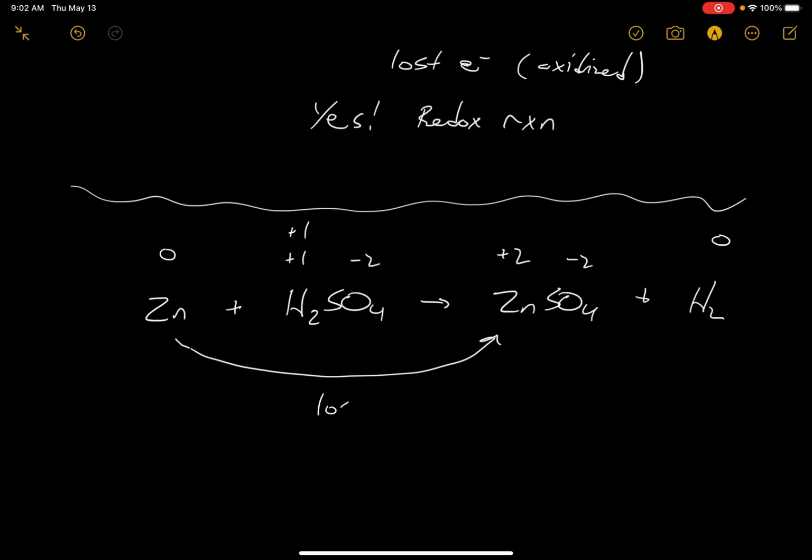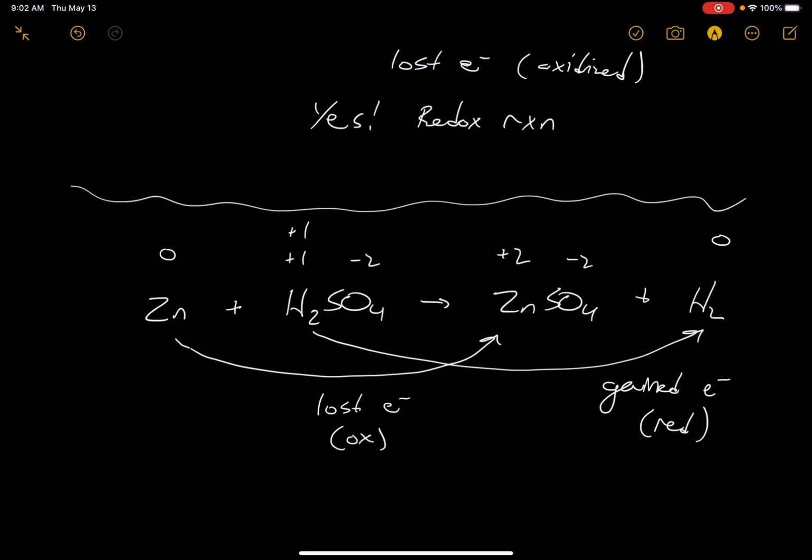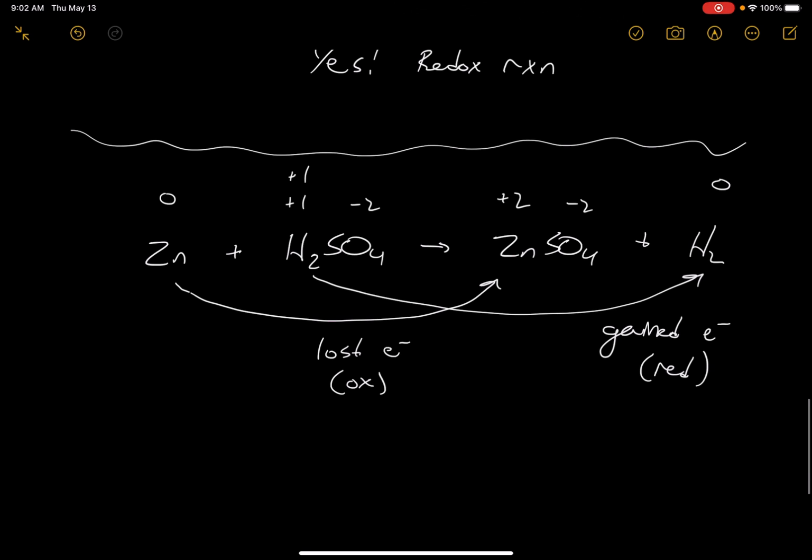All right, so zinc is going from a 0 to a +2. So this lost electrons. That's oxidation. Hydrogen went from a +1 charge to a 0 charge. So that gained electrons. That's reduced. Now, we have to look at table J to see if zinc can give its electrons to hydrogen. So we want to ask the question, is zinc more active than hydrogen?